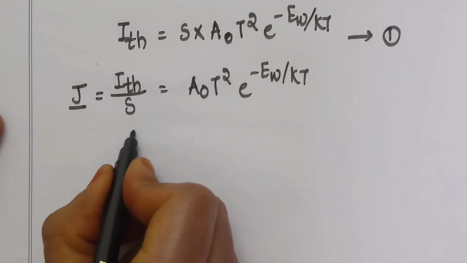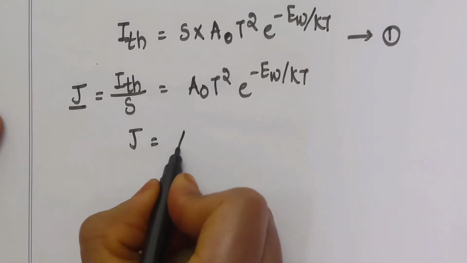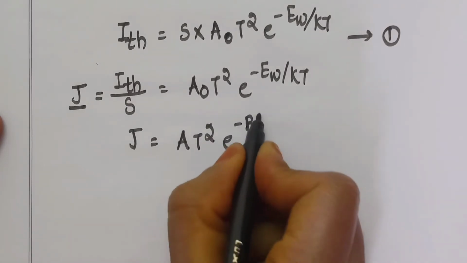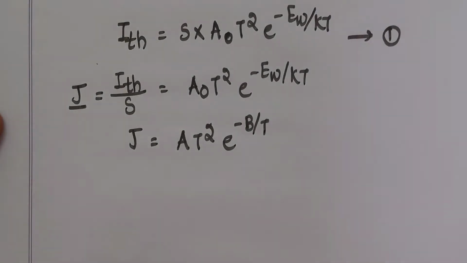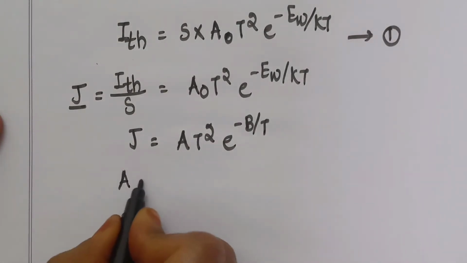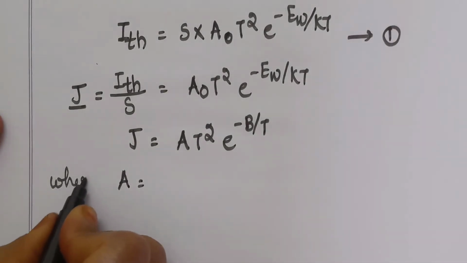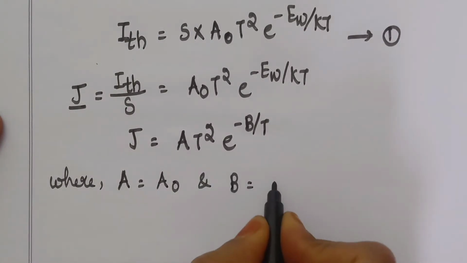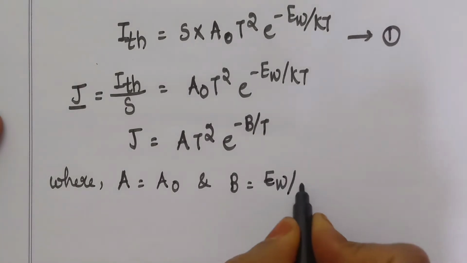This can also be modified as J is equal to A T square into e power minus B by T, where A is equal to A0 and B is equal to EW by K.